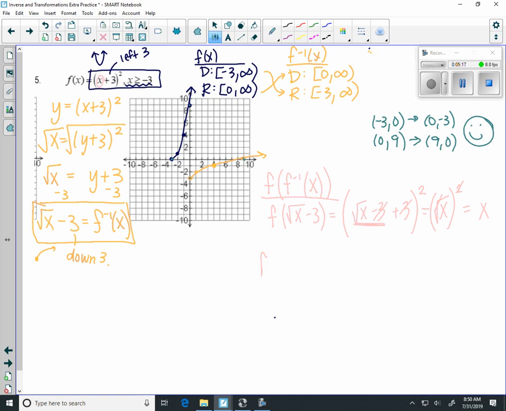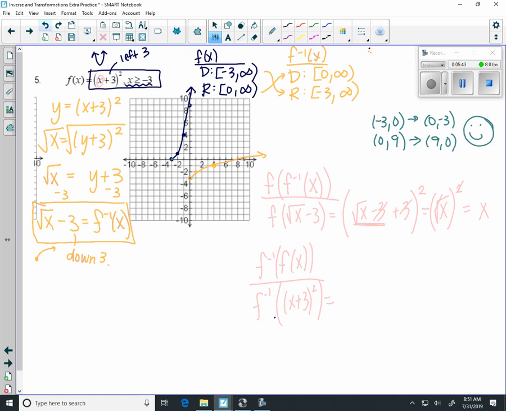Other direction. My original function, my f of x, was x plus 3 squared. Oops, I didn't need to write that notation again.